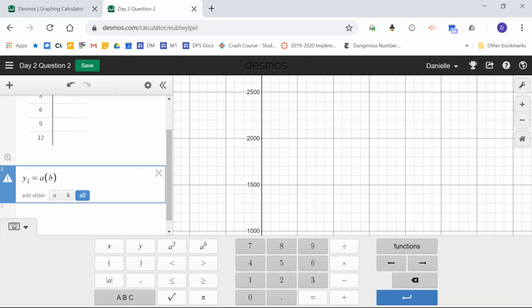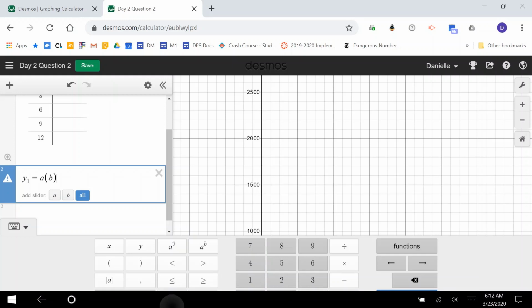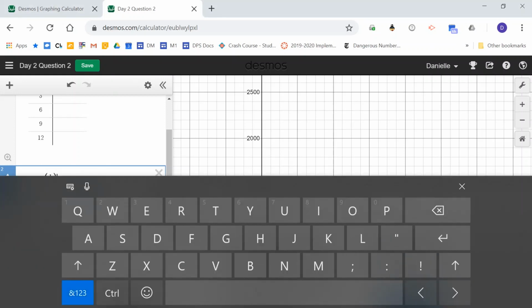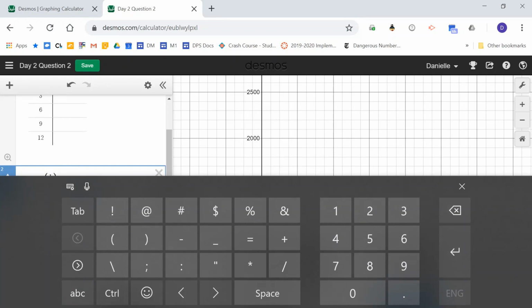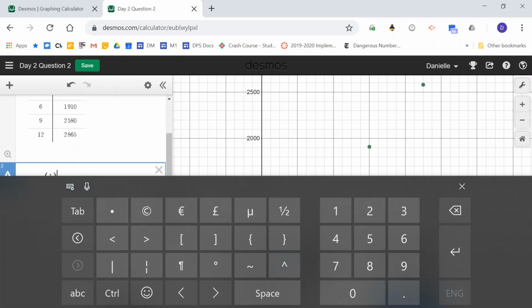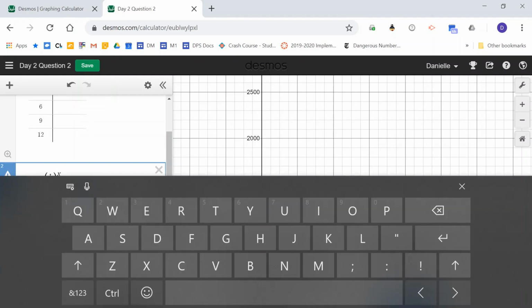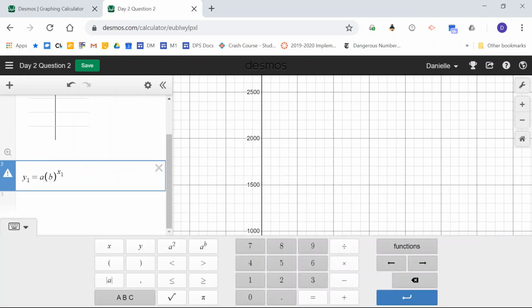And then raised, so when we want the exponent, we do the caret key, which is somewhere. There we go. So we do the caret key and then to the x1 power. Okay, so we get this.